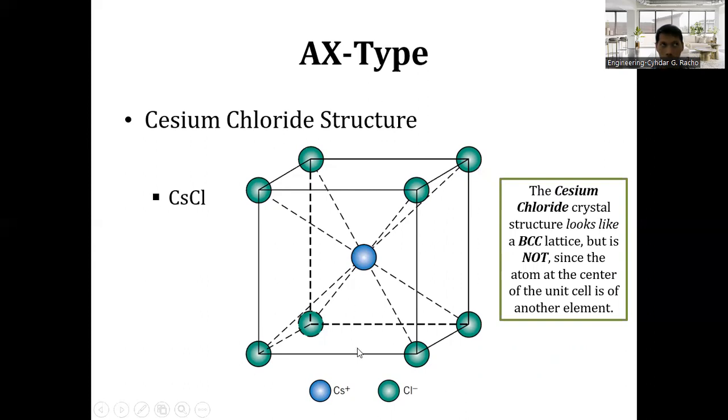It's almost the same, but this AX type cesium chloride structure is not actually BCC. It's just similar because the atom at the center of the unit cell is another element, in this case cesium.